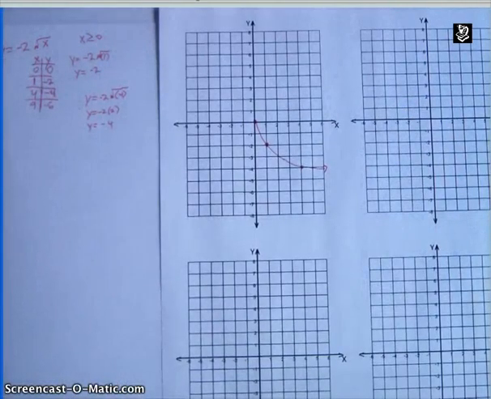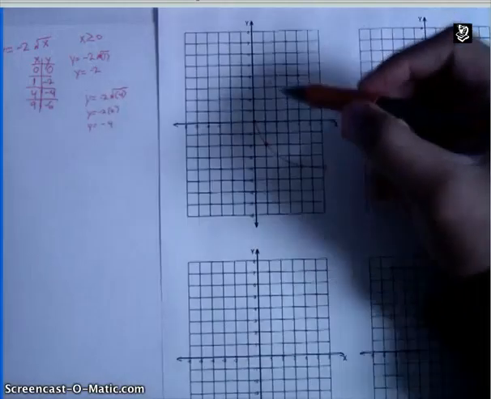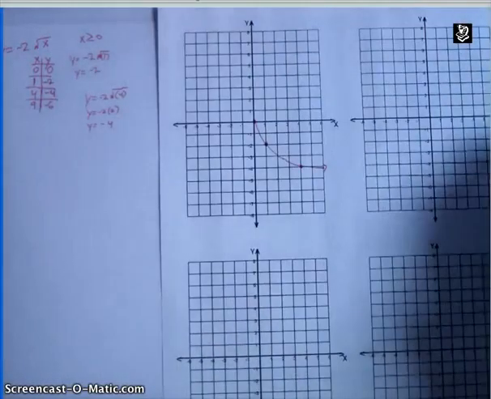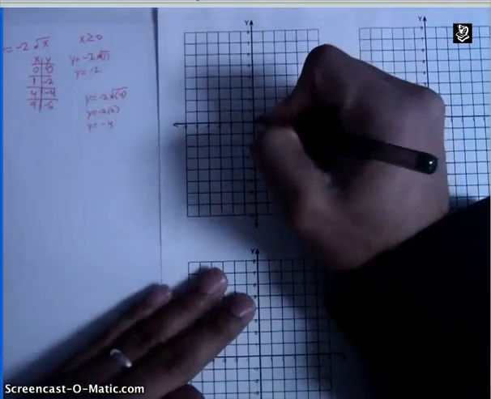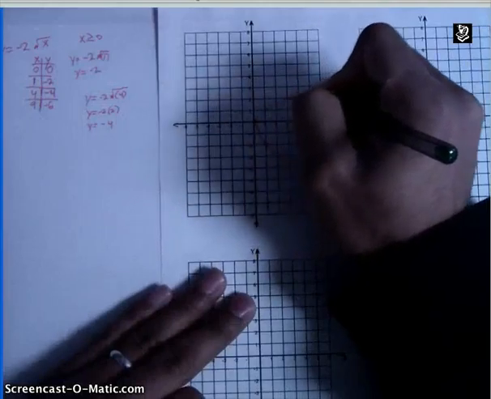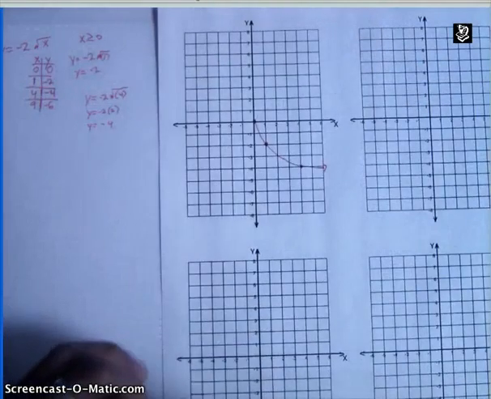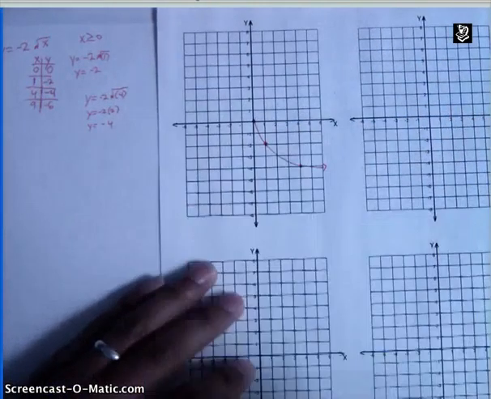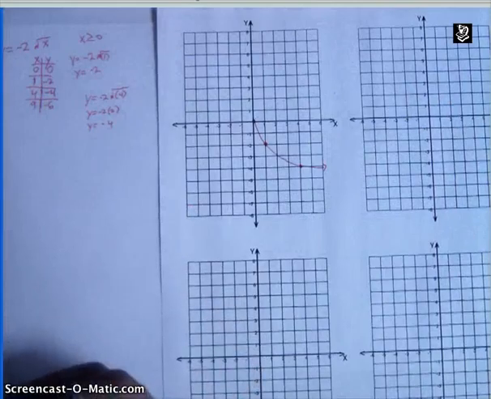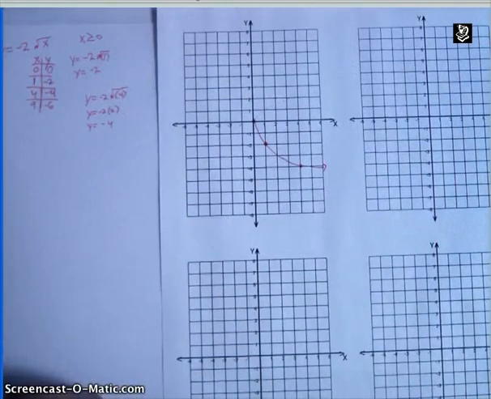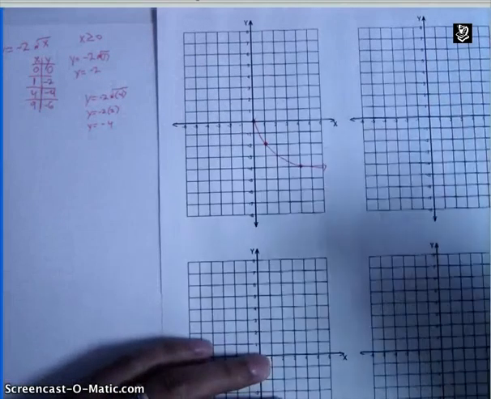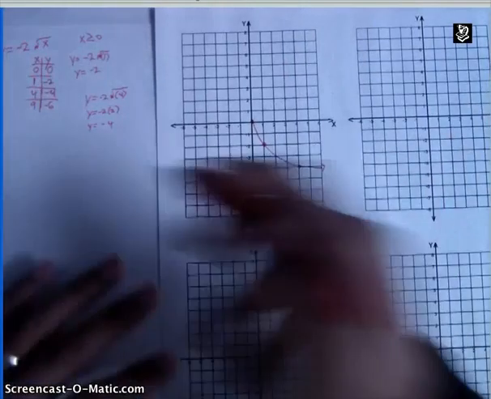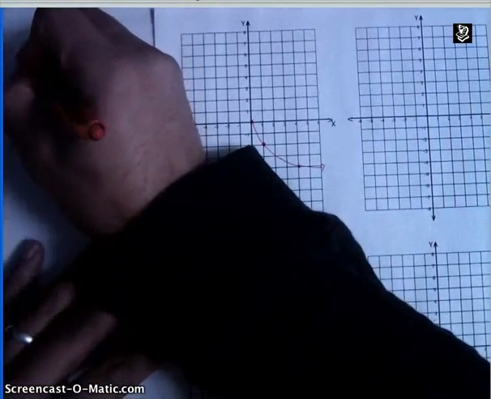We'll figure out all that other stuff, but right now we want to notice something. Our original one was up here like this. Notice that we're down here in quadrant 4, so our new one doesn't look like that. The reason it went this way is because of this negative.